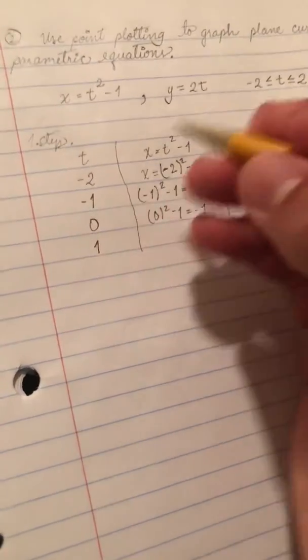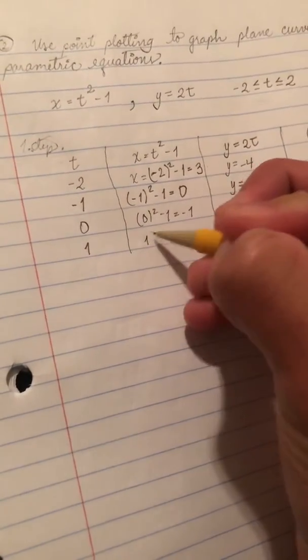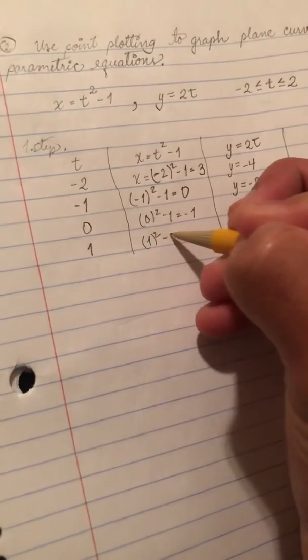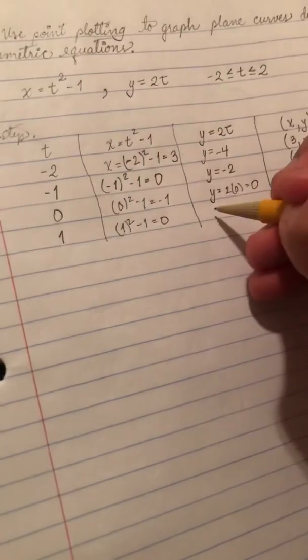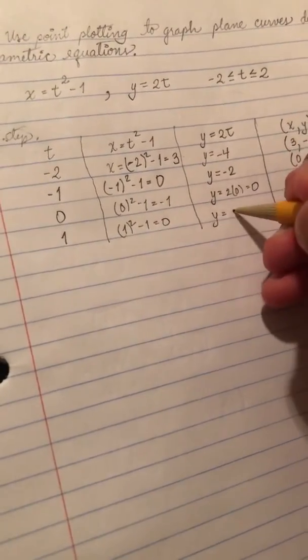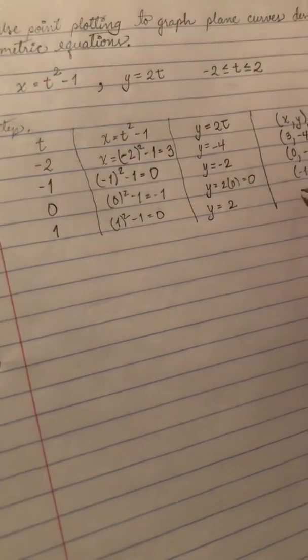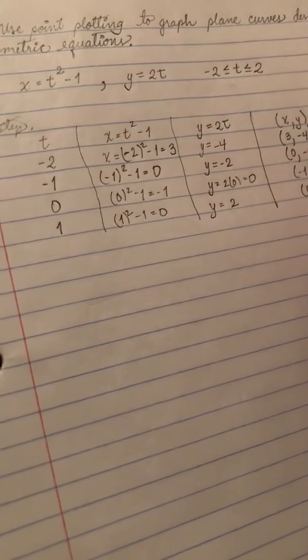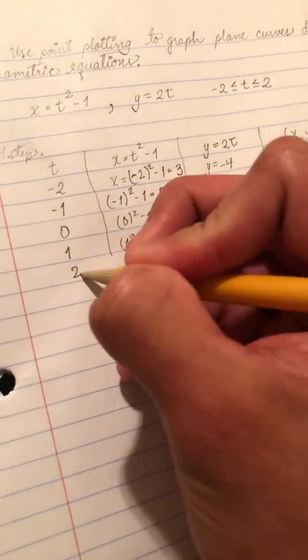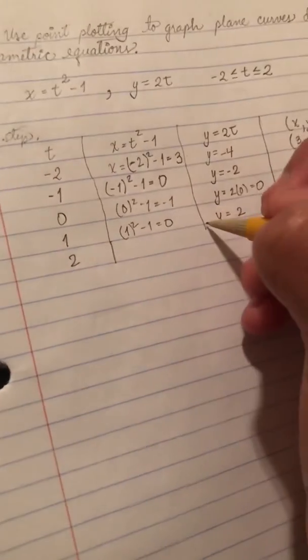When t equals 1, it's going to be 0, 2. Then when t is equal to 2, it's going to be 3, 4.